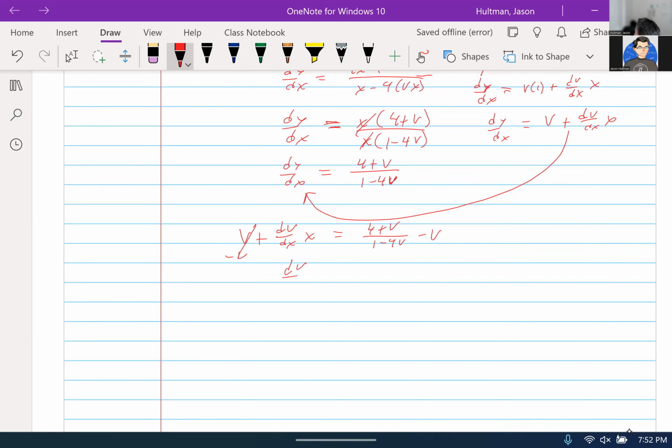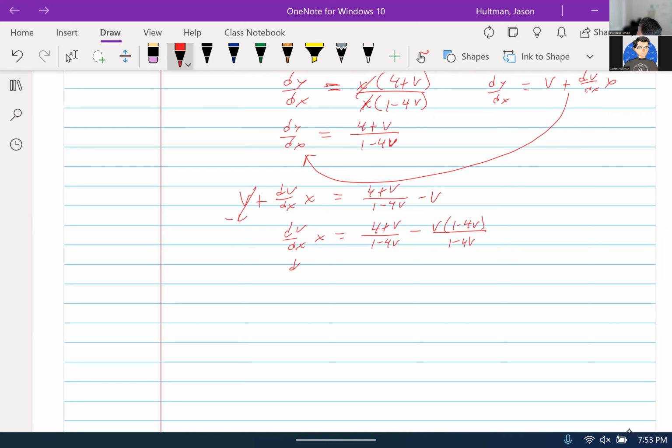I get dv/dx times x is equal to, and I'm going to create a common denominator: 4 plus v over 1 minus 4v minus v times 1 minus 4v over 1 minus 4v.